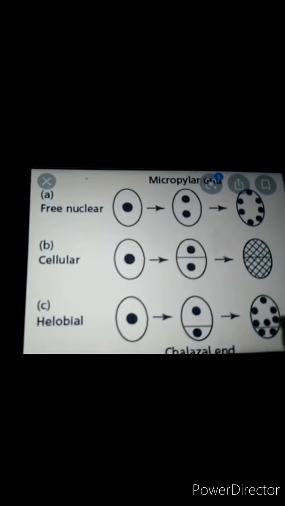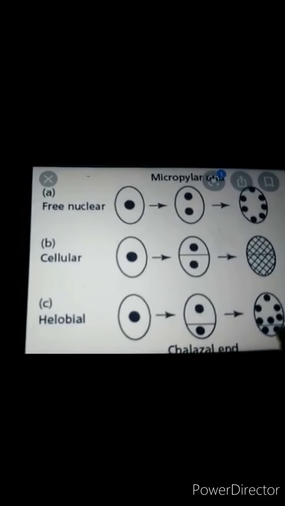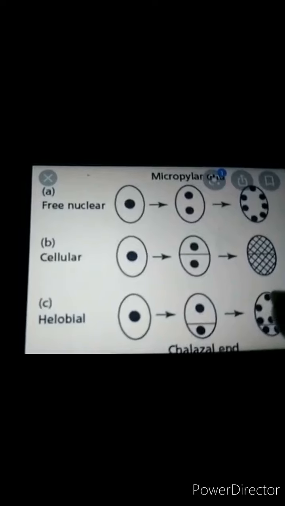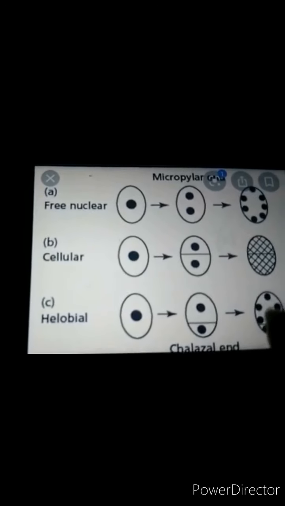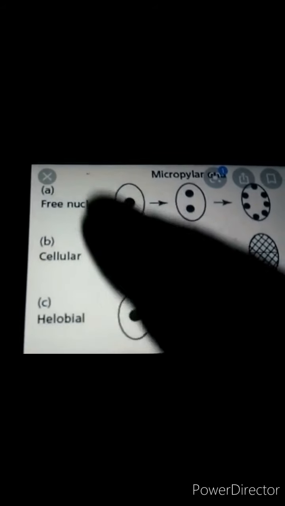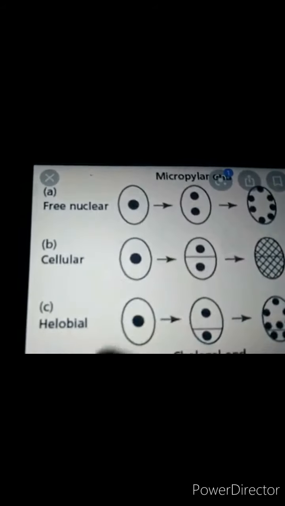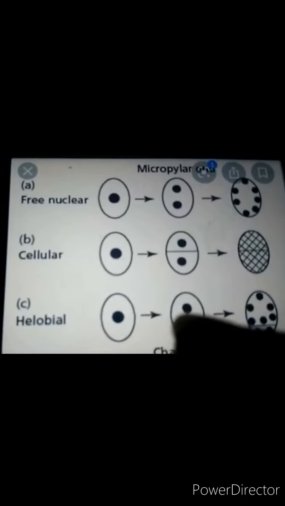See in the next picture, only the nuclei is getting divided. From 1 nuclei to 2, from 2 to 4, from 4 to 8. That way the 2 cell structure is there, but the nucleus are many in number. So these are the 3 types of endosperm: free nuclear, cellular and halobial type.